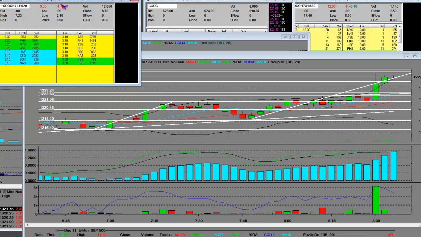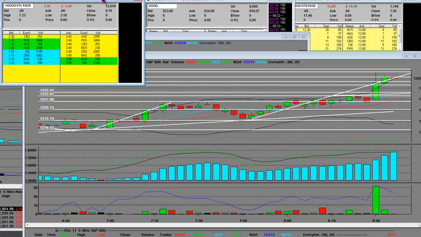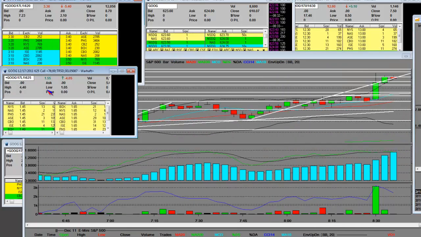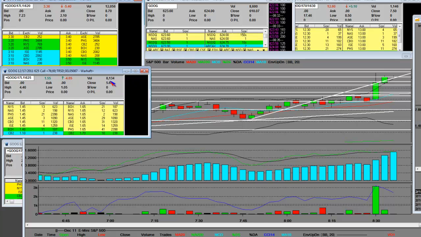They marked them down 540. They're going to mark them up. And how are they going to do that? Right over here, they're going to mark up that 625. That got down to $1.05. They marked that thing down and that's what happens. And when you're buying wholesale, 8,100 of those contracts, they're going to mark these up in value.